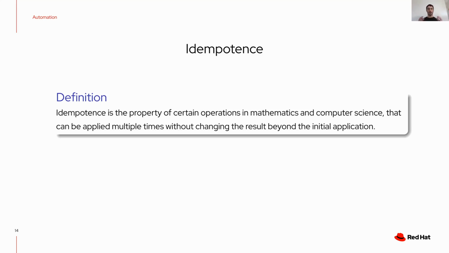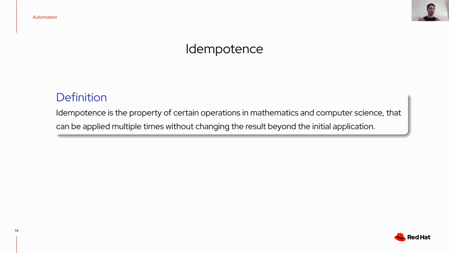And the concept of idempotence is very, very important in computer science and automation more specifically, because if we have an idempotent system to automate, that means that no matter if it fails or when it fails, or if we are not sure if it failed or not, or if we are not sure if the state that we described is exactly what we want, we can just rerun the automation many, many times, and worst case scenario, nothing will happen.